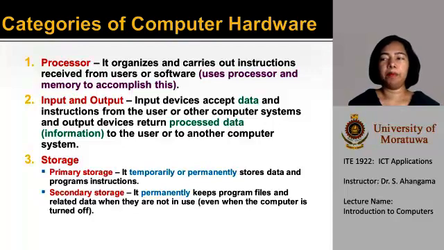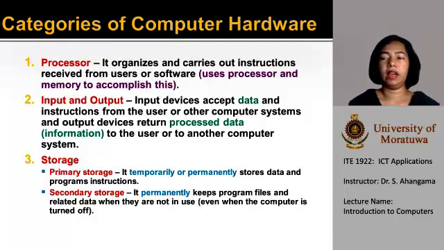The memory temporarily or permanently stores data and program instructions. The secondary storage hardware permanently keeps program files and related data when they are not in use. Even when the computer is turned off, your data will still remain in the computer system.